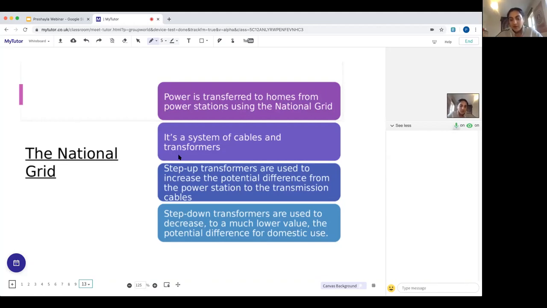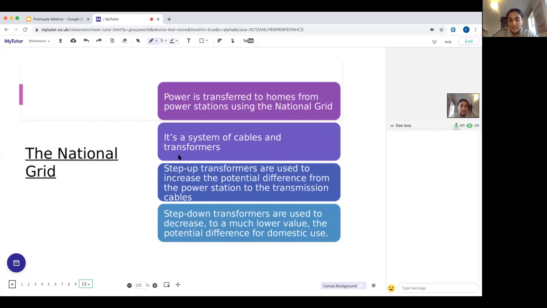So they make up the national grid. And then we talked about the two types of transformers that we can have. Step-up transformers are used to increase the potential difference, and step-down transformers are used to decrease the potential difference. So step-up increases, step-down decreases potential difference.